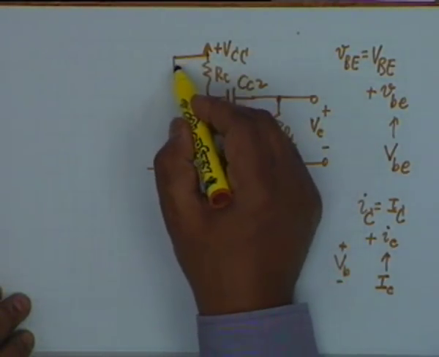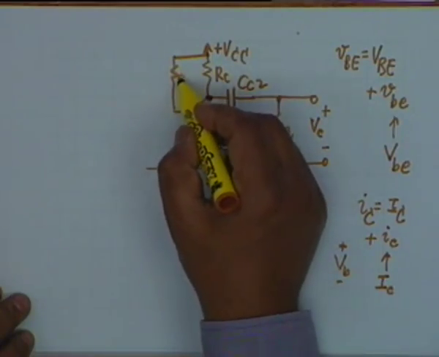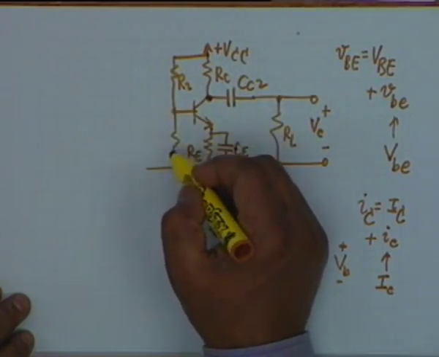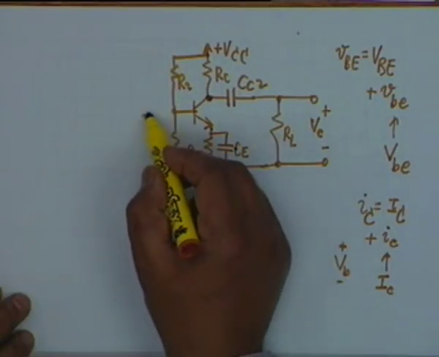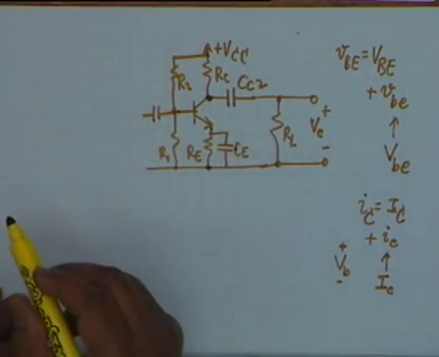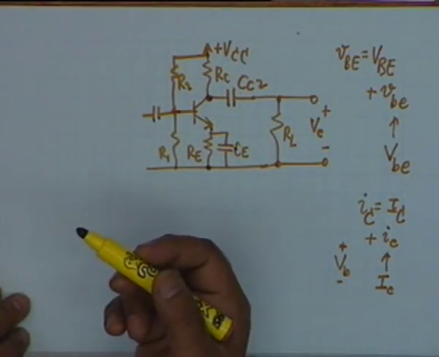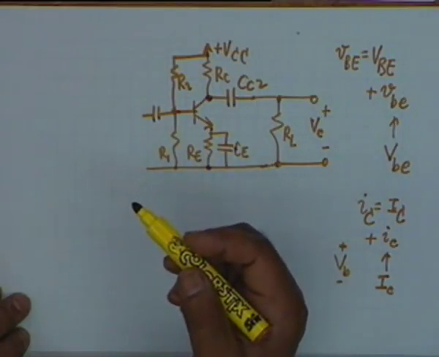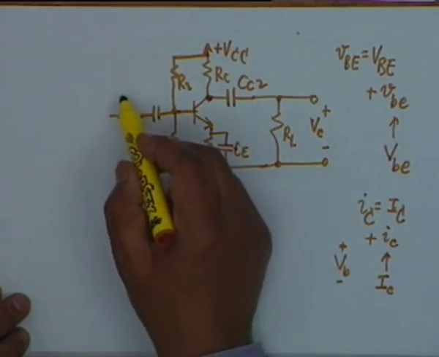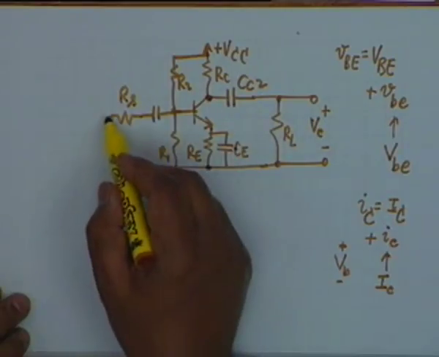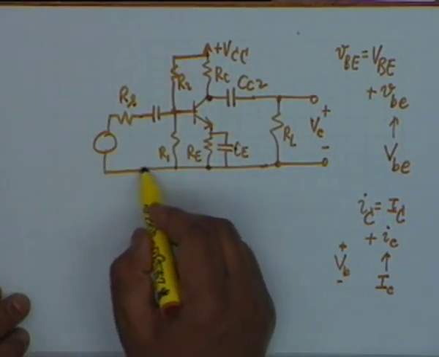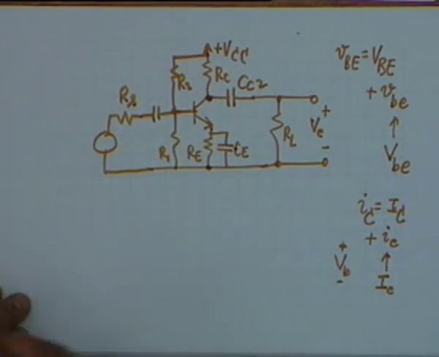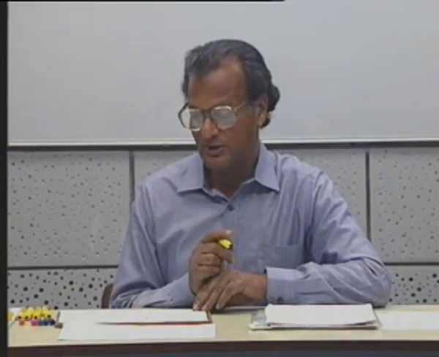Then the base circuit is biased by means of R2 and R1, and the base circuit is coupled to the voltage source or current source. Let us represent this by a general source. A general source has an internal resistance Rs and a voltage. If it is AC, then we shall say small v subscript small i, V input, or small v subscript small s.